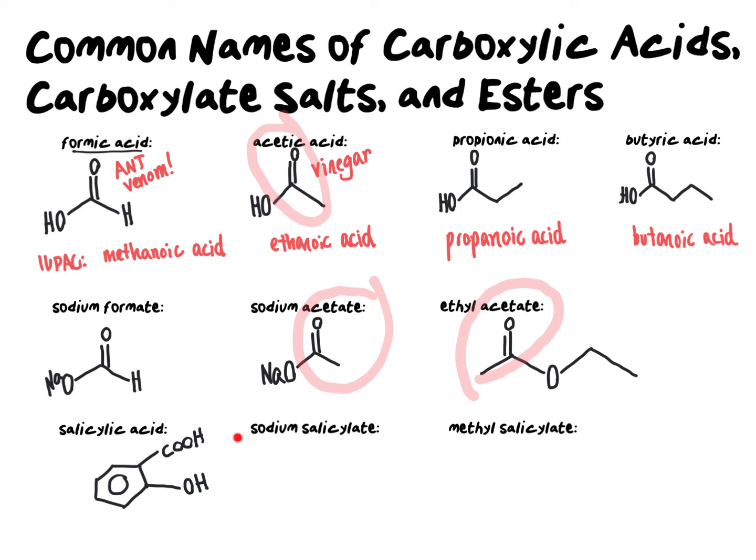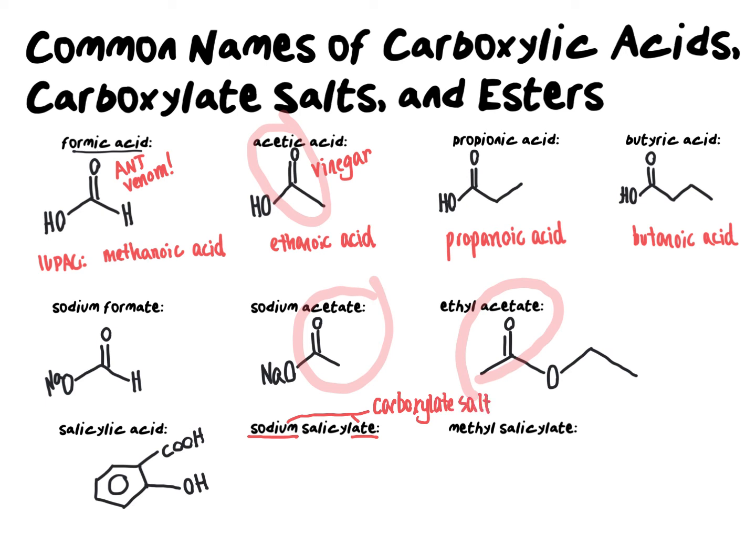Now, if instead we're referring to sodium salicylate, we'll notice that the change in the name is that we've brought in a counter ion, sodium, and we've changed the suffix to ATE. That combination of terms, that is a cation at the beginning and ate at the end, indicates a carboxylate salt.